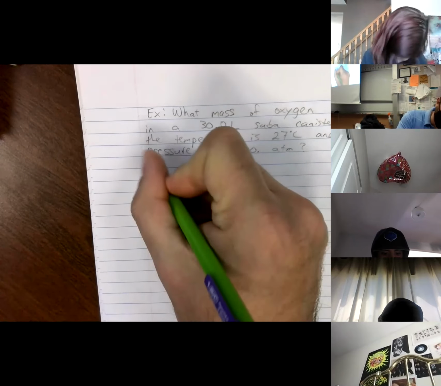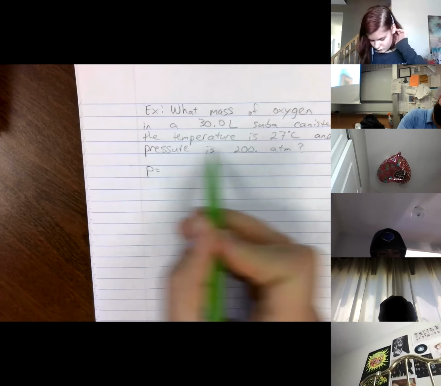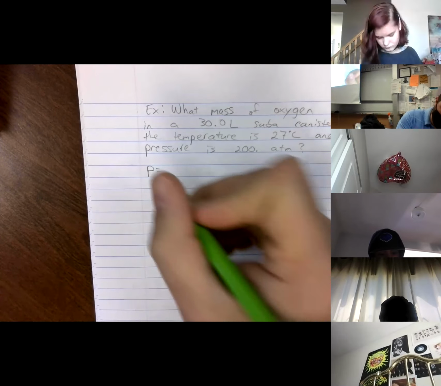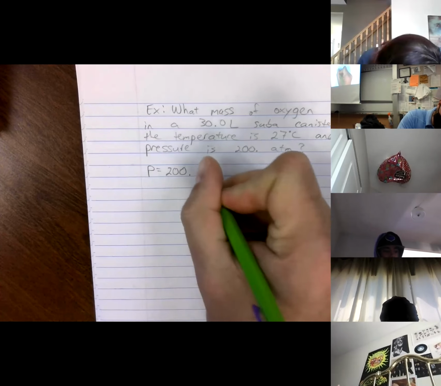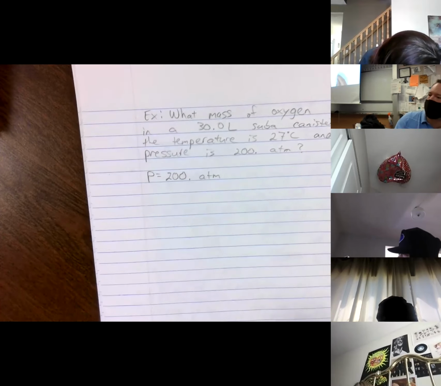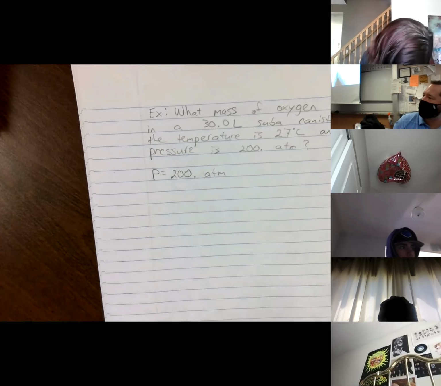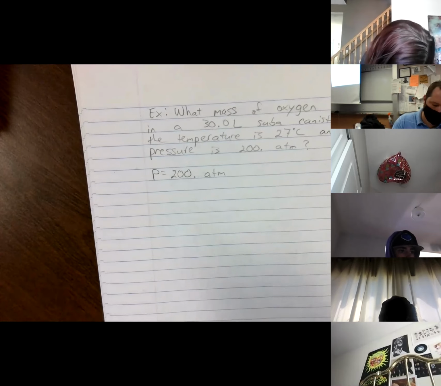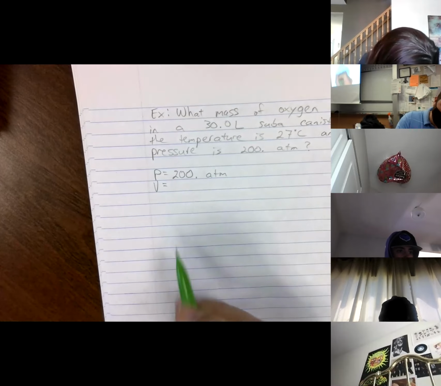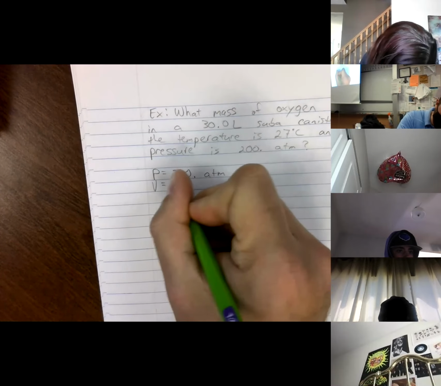So let's list out our variables here. Our pressure, the last thing they gave us, 200. ATM. Yeah, the decimal point is important. It means all these are significant. The volume is 30 liters.